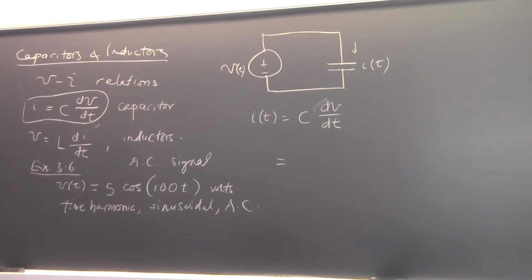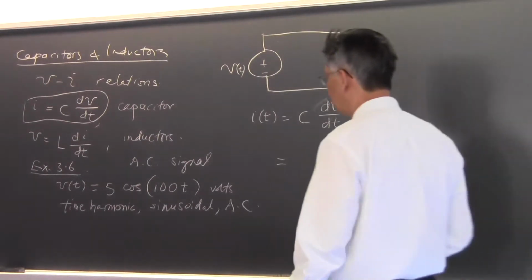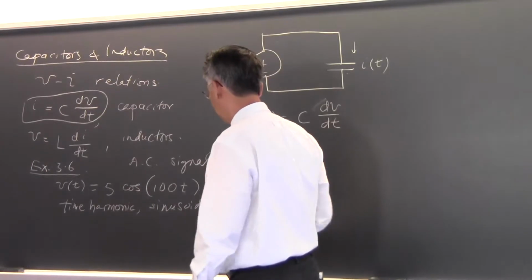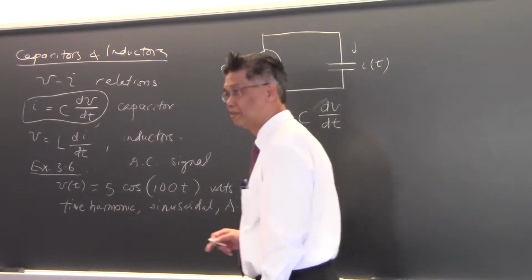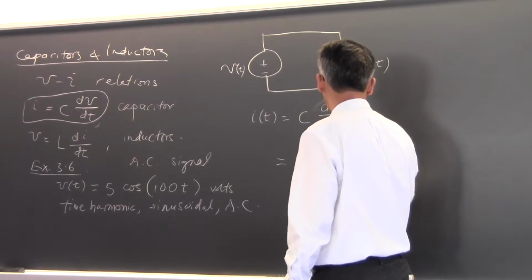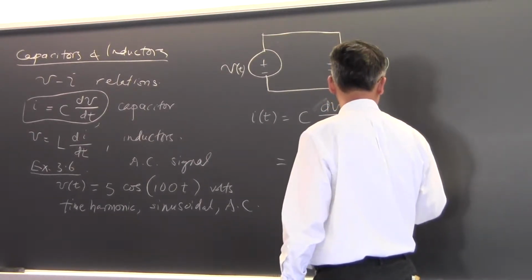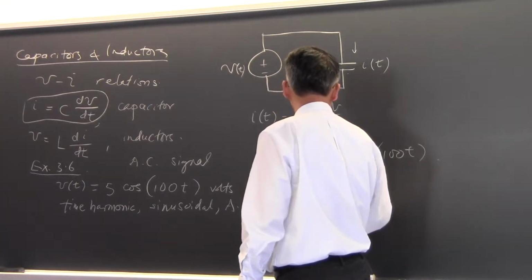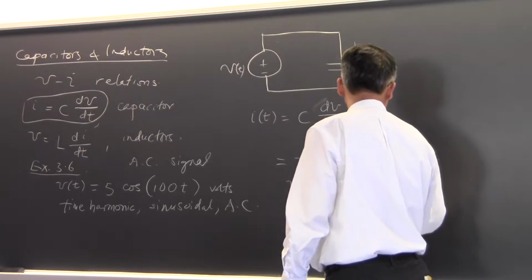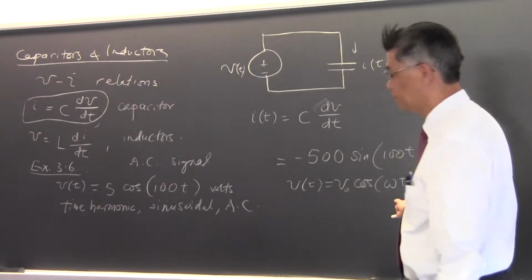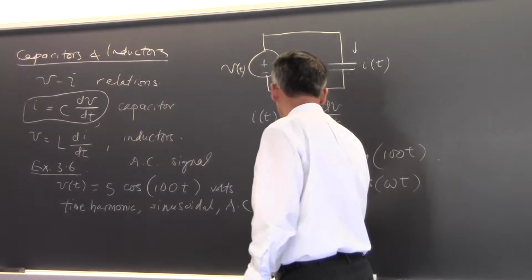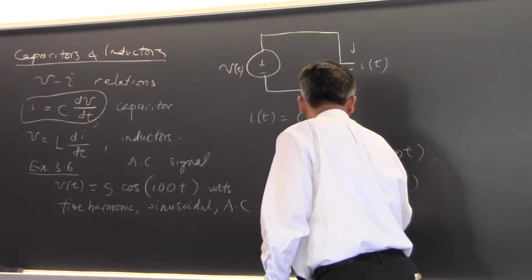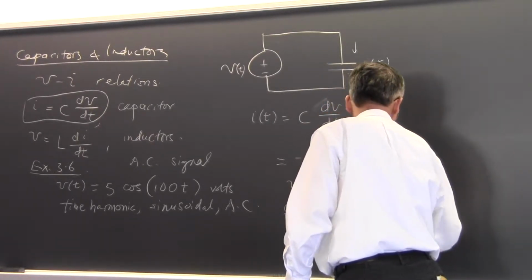The minus sign, right? If you differentiate the cosine of 100t, what do you get? Minus 100 sine of 100t. So you get minus 100 times 5, minus 500 sine of 100t. In general, if V of t is equal to V naught cosine of omega t, where omega represents the frequency, dV/dt is equal to minus omega V naught sine of omega t.